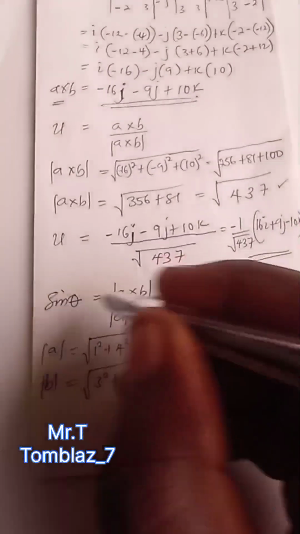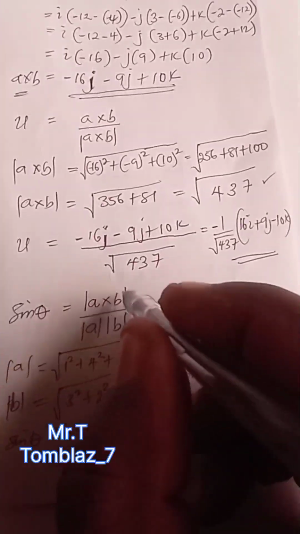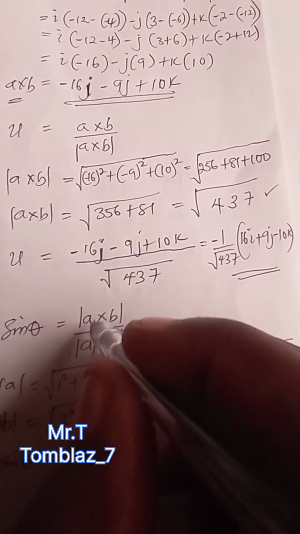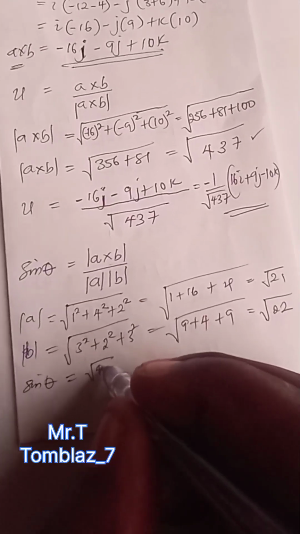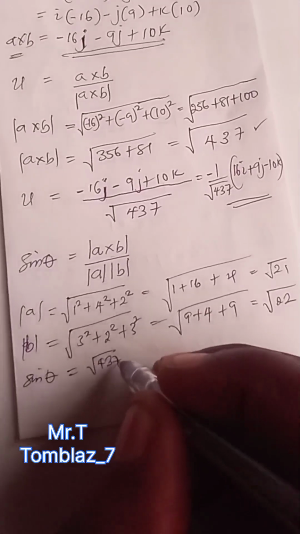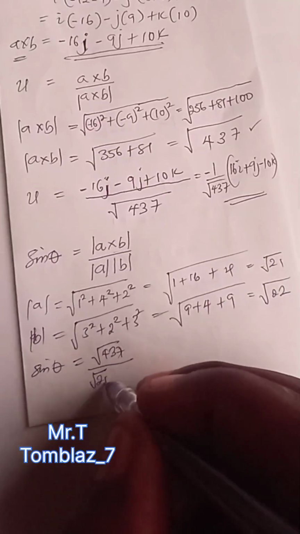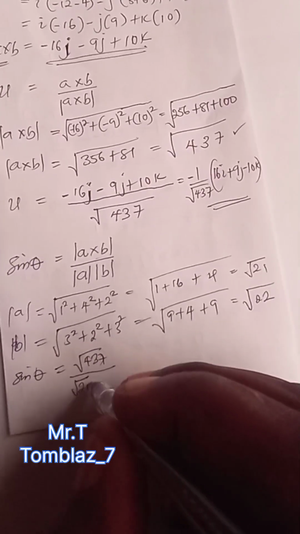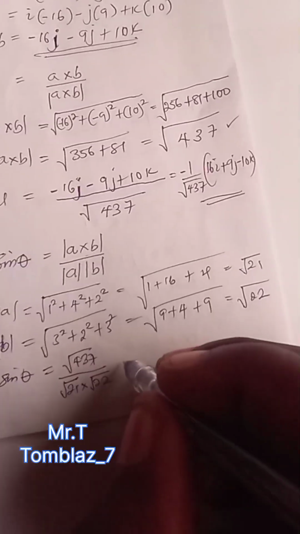Okay, so putting it into this equation now, sine theta will be equal to the modulus of A cross B, which gives us square root of 437, and then the modulus of A gives us square root of 21, and the modulus of B gives us square root of 22.